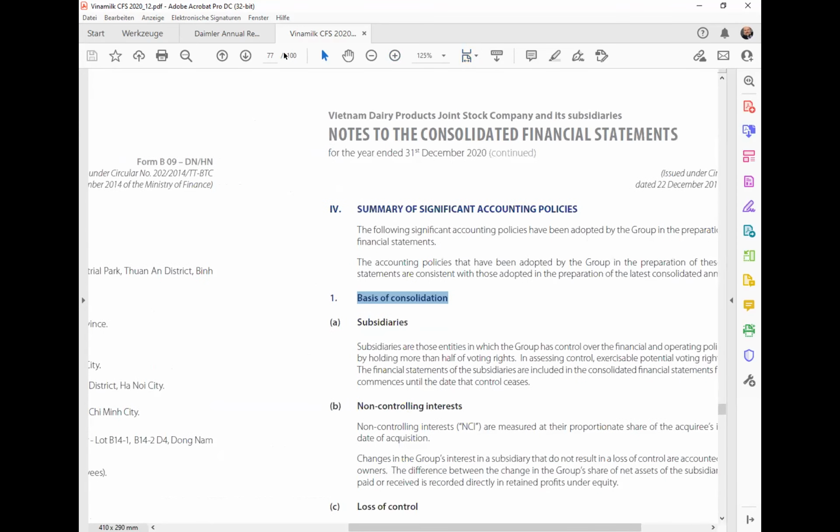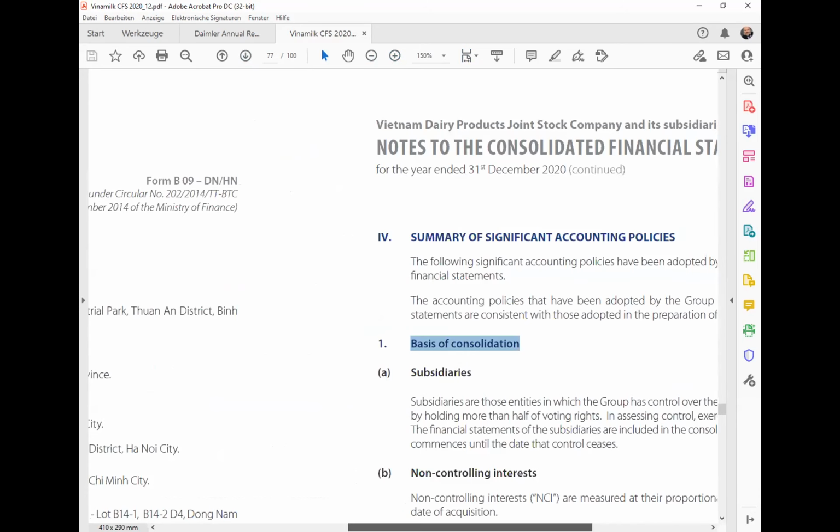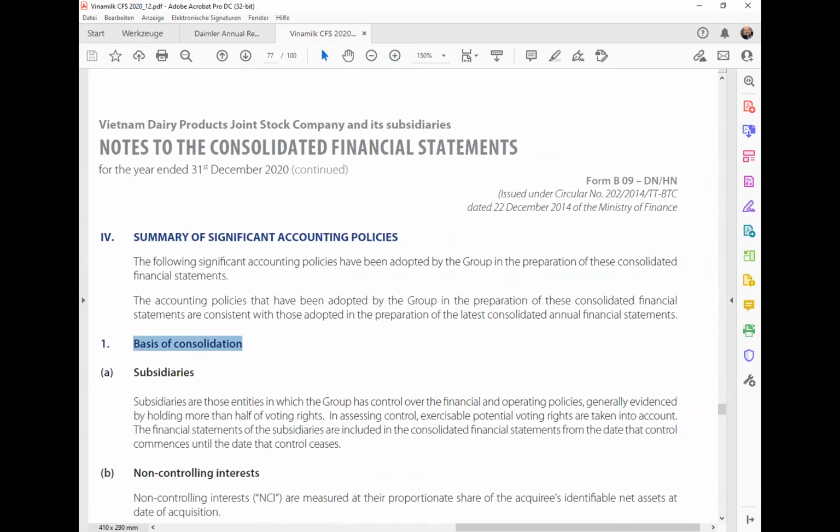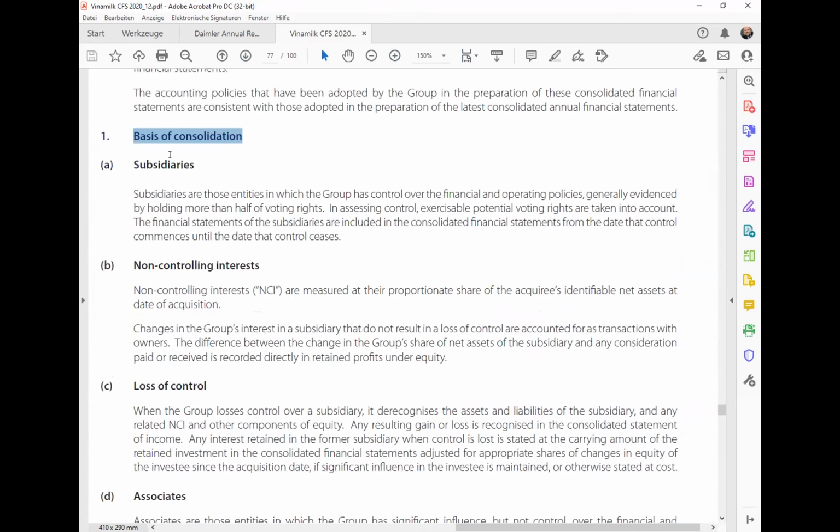So the basis of consolidation is set out here. Okay. So subsidiaries are those entities in which the group has control over financial and operating policies, generally evidenced by holding more than half of the voting rights, so more than 50%.